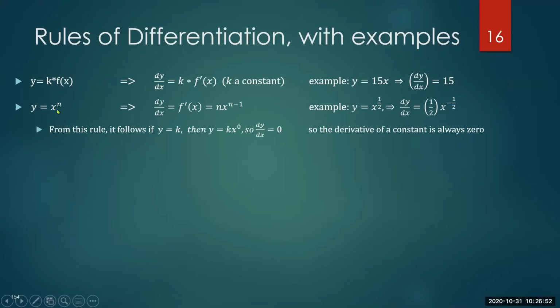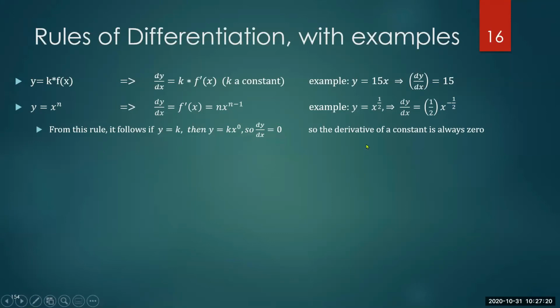So from this rule, it follows that if y is equal to k, some constant, we can say that y is equal to kx to the power of 0, because x to the power of 0 is always 1. Okay, and then we can use this rule to differentiate it. And when we differentiate x to the power of 0, we get 0 times x to the power of minus 1, which is 0. So dy dx is always 0.